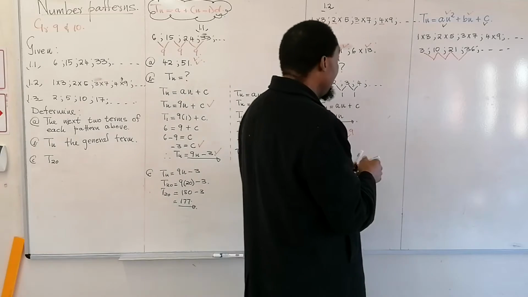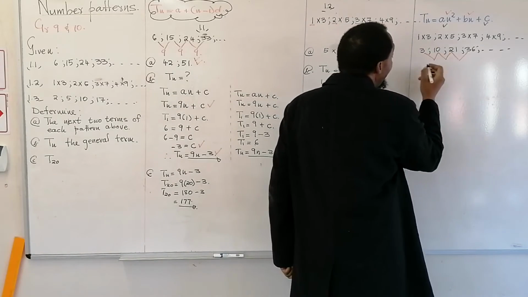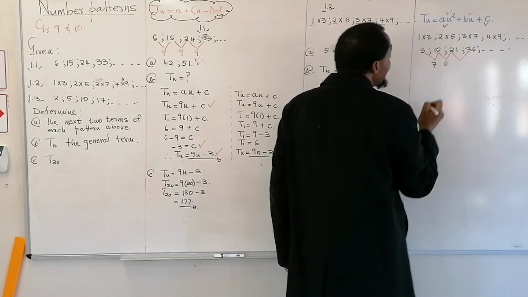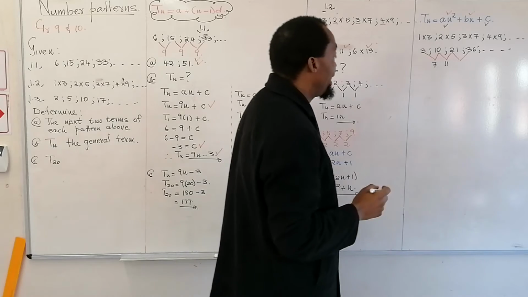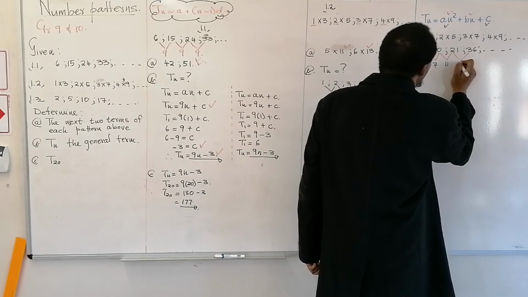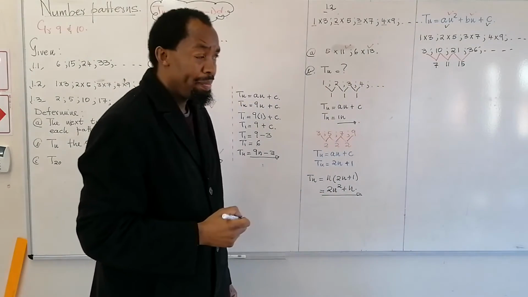Determining the difference between successive terms, 10 minus 3 is a 7. 21 minus 10 is an 11. 36 minus 21 is 15.